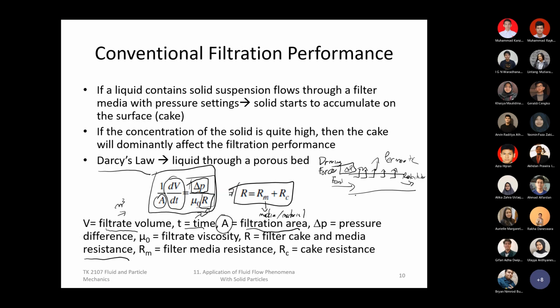So there are different types of materials for this kind of membrane. Let's start with the organic one. The one that comes to my mind is cellulose acetate. I think this is the most standardized material for membrane, cellulose acetate.